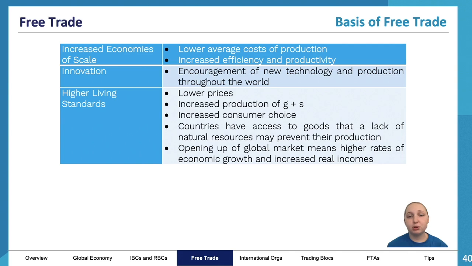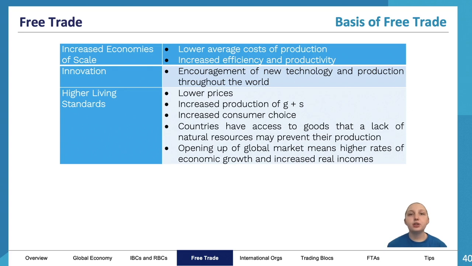It increases living standards because things have lower prices, because there's no protection attached to things, so there's no tariff that must be passed onto the consumer in order to afford it from the business. It increases production of goods and services, which means there's more choice as well, and fewer people have to miss out. It means that countries have access to goods that they lack natural resources to produce.